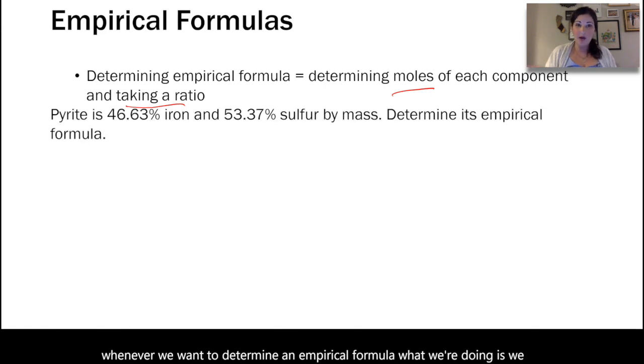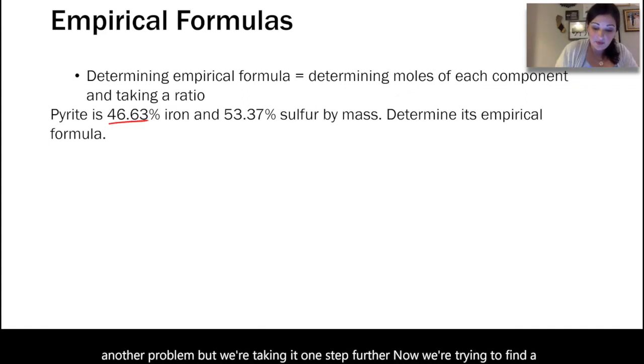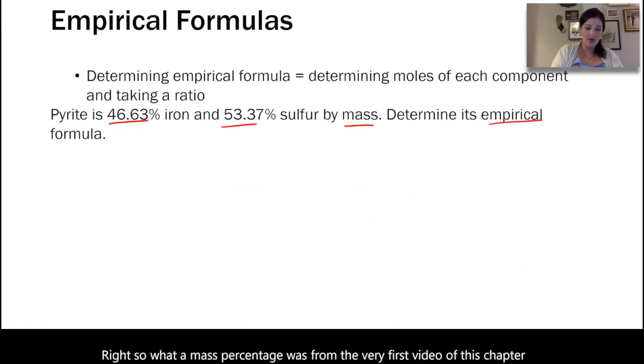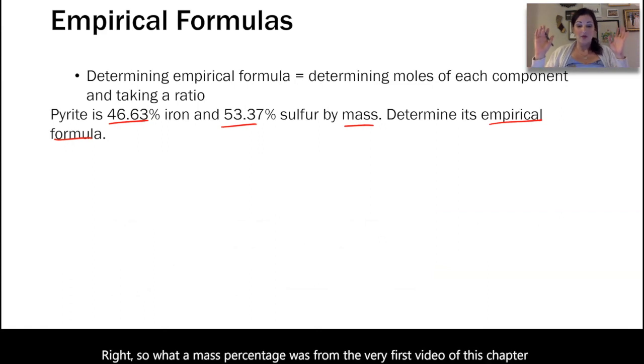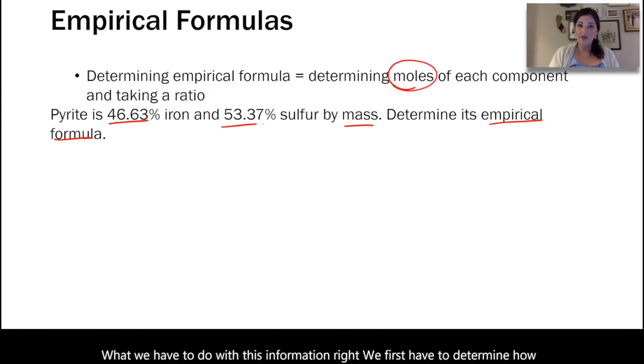So here's another problem, but we're taking it one step further. Now we're trying to find a chemical formula from mass percentages. Right, so remembering what a mass percentage was from the very first video of this chapter playlist. Okay, determine its empirical formula. Okay, now what we have to do with this information, right? We first have to determine how many moles of iron and sulfur we have in our compound.